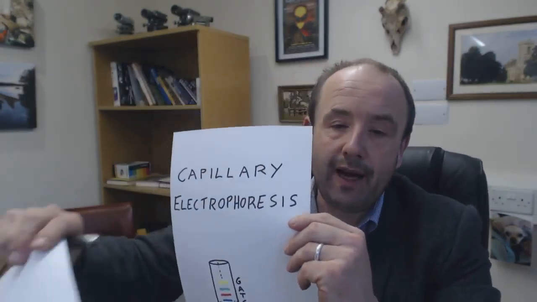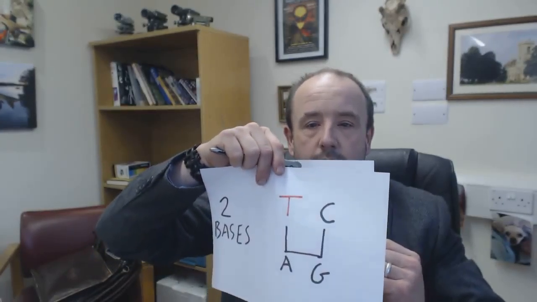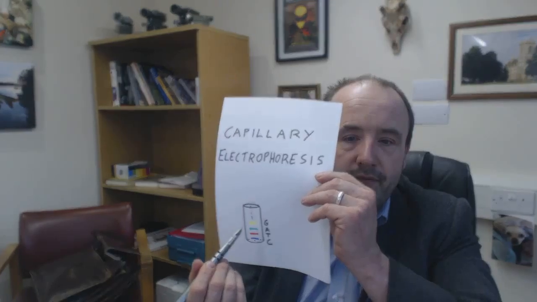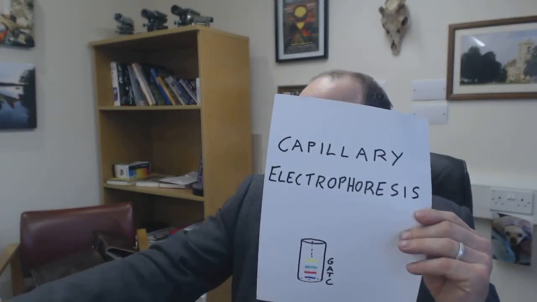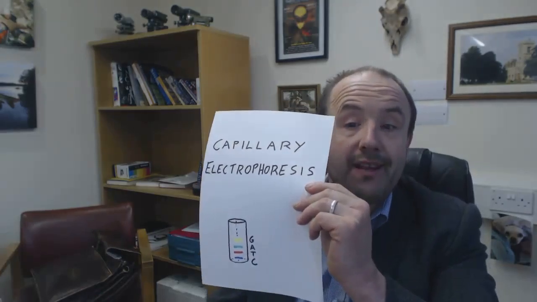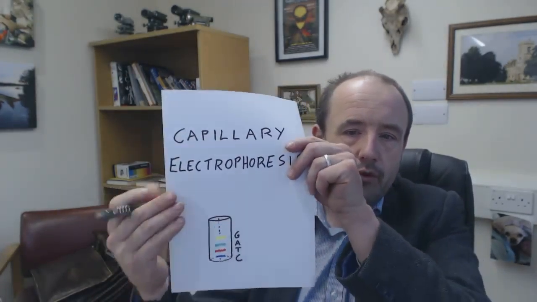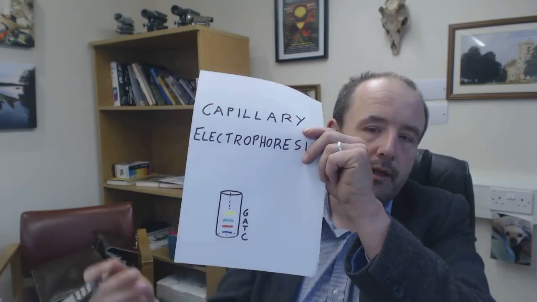We then have our 2 base pair fragment terminating in T. That will travel even further down the gel, and we can see the red band there. Finally, we have our 1 base pair fragment ending in C, and because that's only 1 base pair in length, that will travel all the way down to the bottom of the capillary.